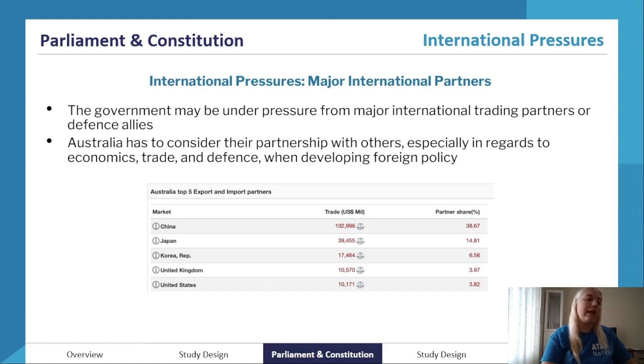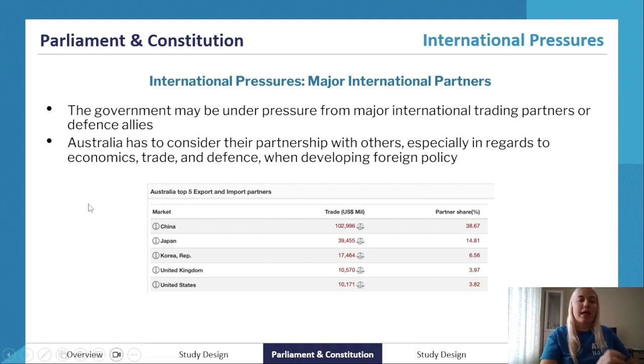For instance, if we impose some kind of travel restriction on another country or some kind of import or export restriction on them, they could get mad and impose some restrictions on us as well. You can see there on the image Australia's top 5 export and import partners. For instance, we really have to consider China.